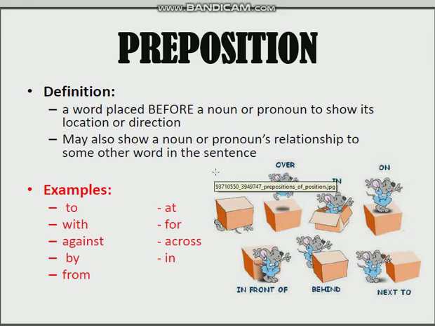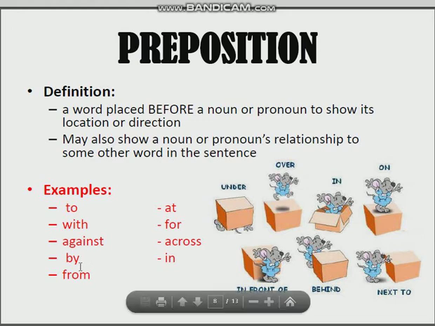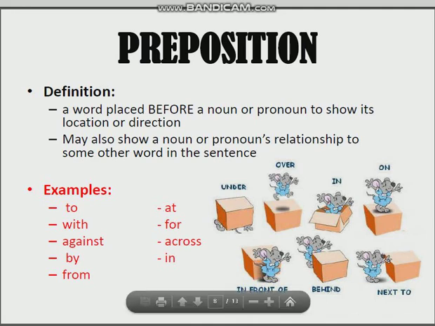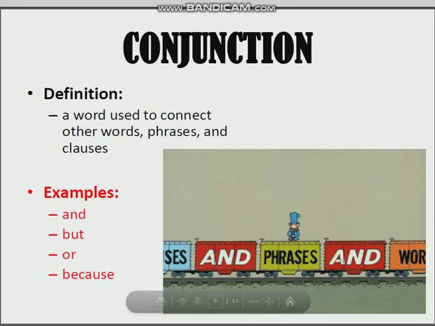If I say a cat is sitting under a table, then the cat and the table, two nouns, are there, and the word to show their relative relation is under. So under is a preposition. These are examples of prepositions: to, with, again, by, from, at, for, across, in. There are prepositions of place, time, and direction, which we will talk about separately in the video on preposition.